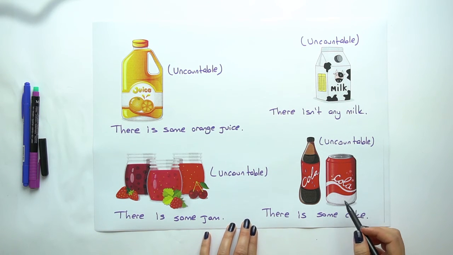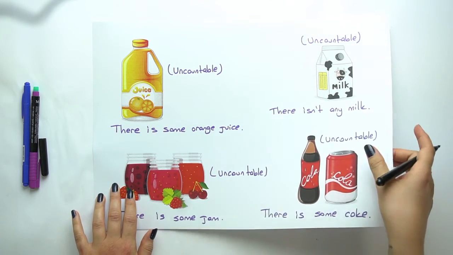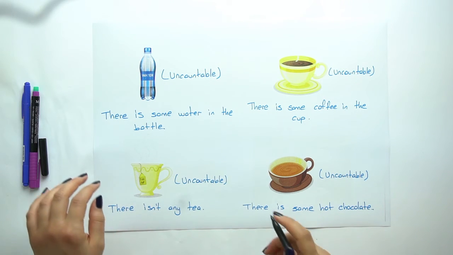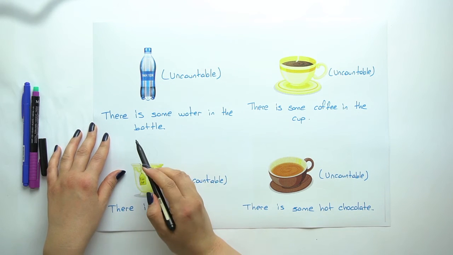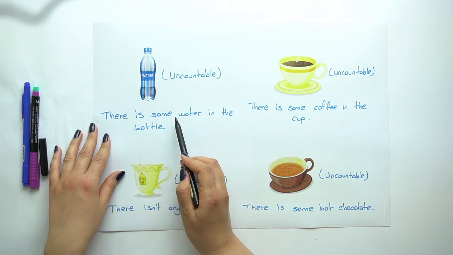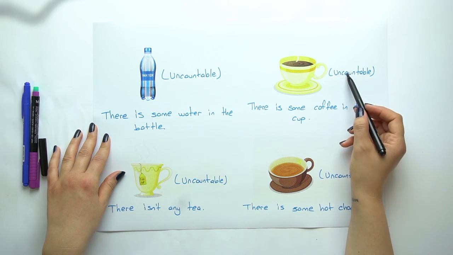And next one, coke. Coke is uncountable, and I can say there is some coke. Next one, water. Water is uncountable, and we can say there is some water in the bottle. Coffee, it is uncountable.